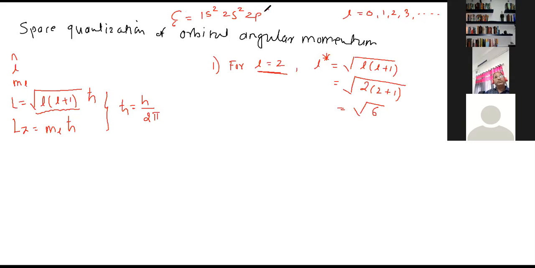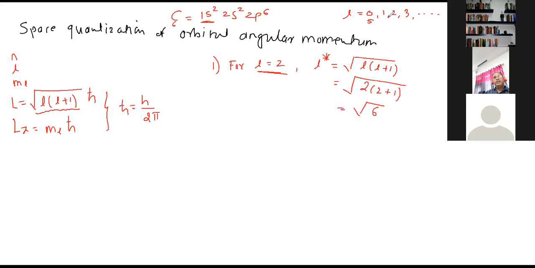2s2 2p6. Is it right? When you are writing, this is 1s electron. For that 1s you can say that l is 0. Means when l is 0 you are having s orbit. Are you getting? Do you understand what I am saying?